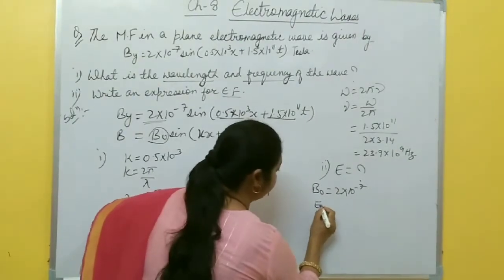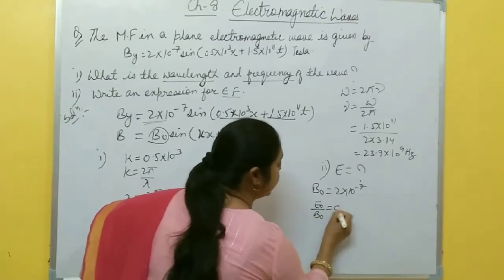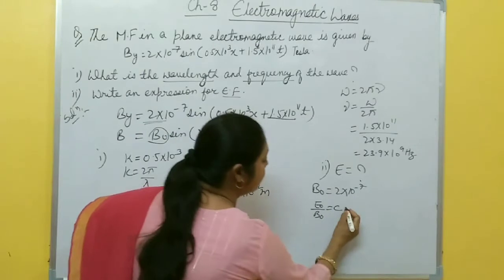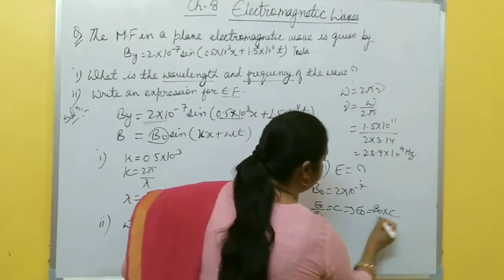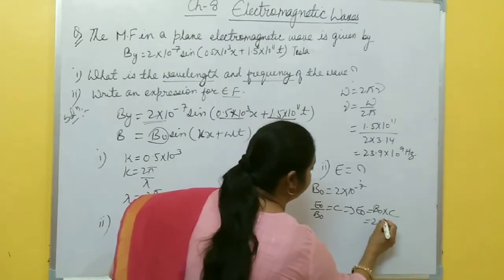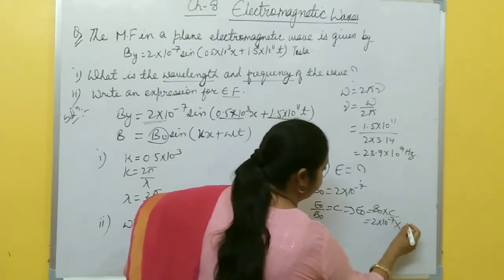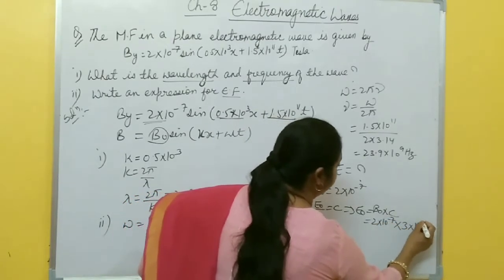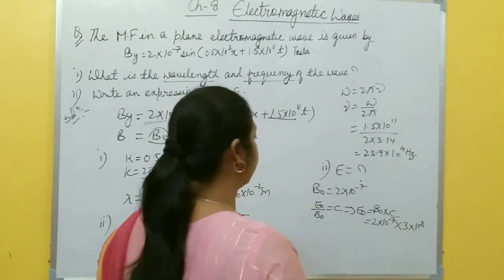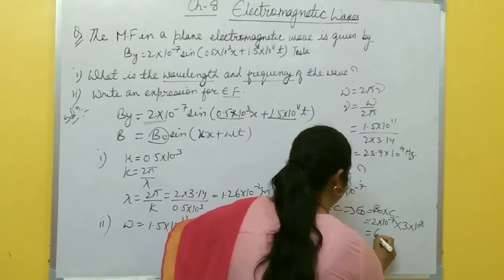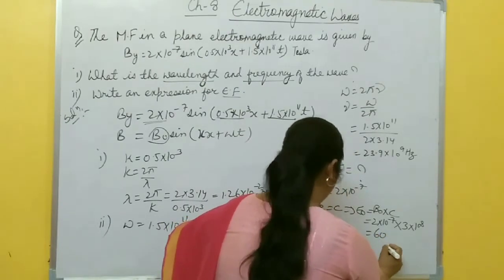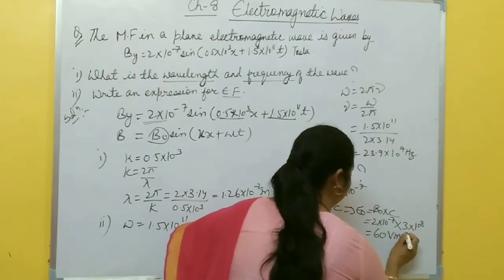E naught by B naught equal to c, speed of light. From here, you can easily find E naught equal to B naught into c. B naught is 2 into 10 to the power minus 7, and c is speed of light, 3 into 10 to the power 8 meter per second. After solving this one, you get 60. Its unit is volt per meter.